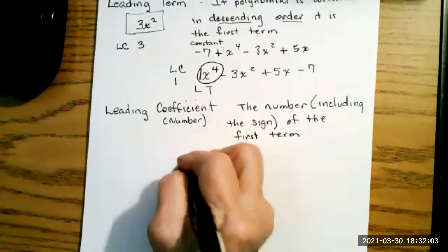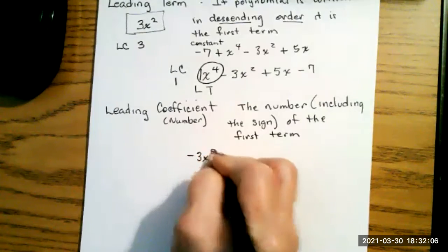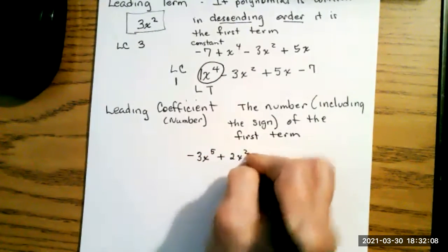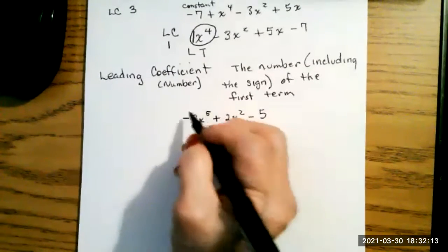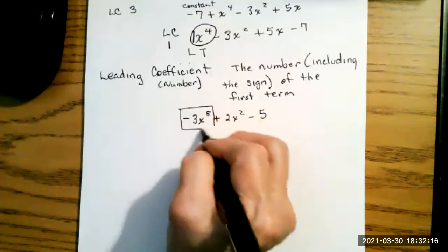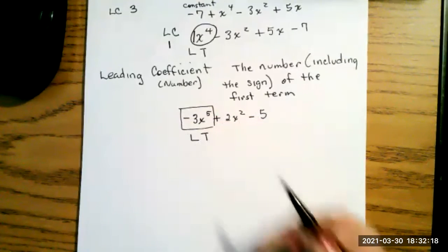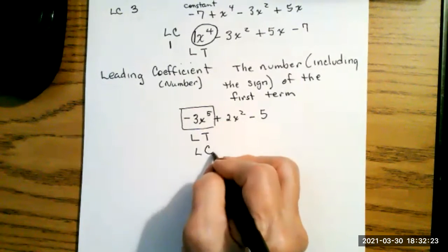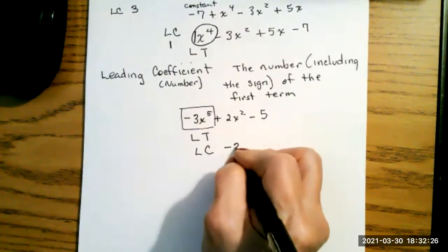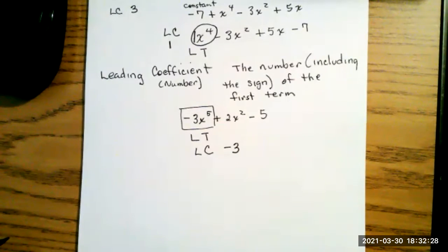So if I had -3x to the fifth plus 2x to the second minus 5 for my polynomial, the -3x to the fifth would be called the leading term. The leading coefficient would be -3. And that -3 is going to turn my shape upside down like it always has before.